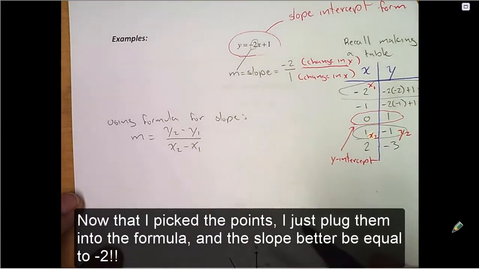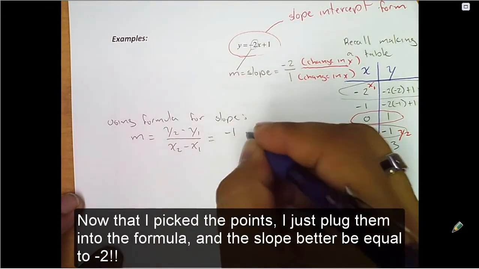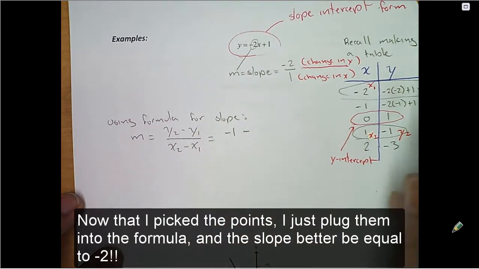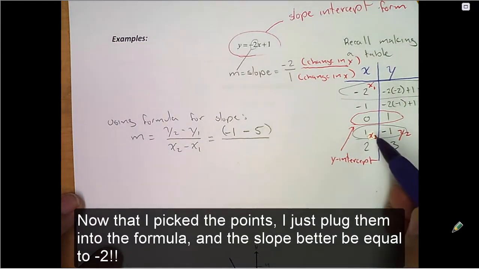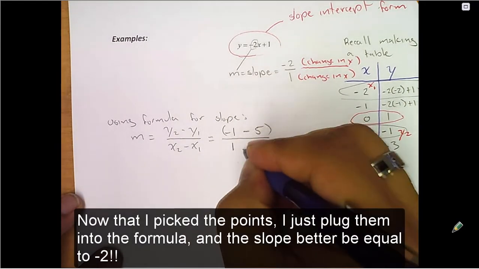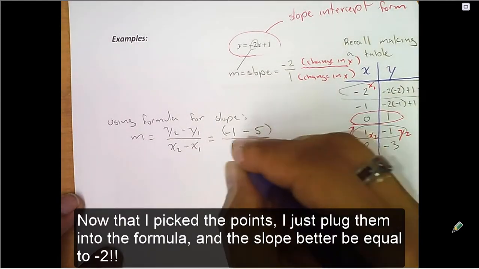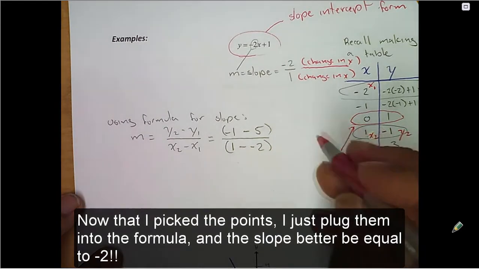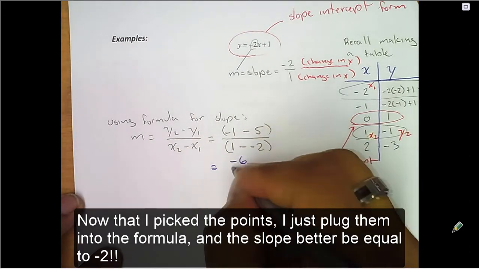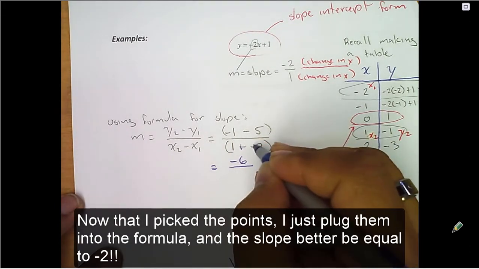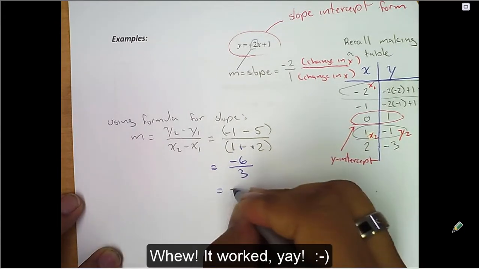Now that I picked the points, I just plug them into the formula, and the slope better be equal to -2. Phew! It worked! Yay!